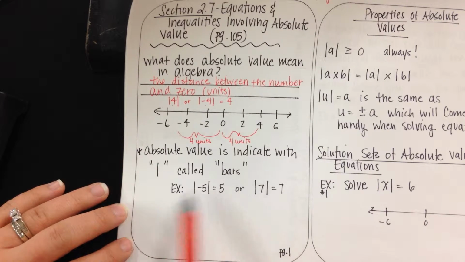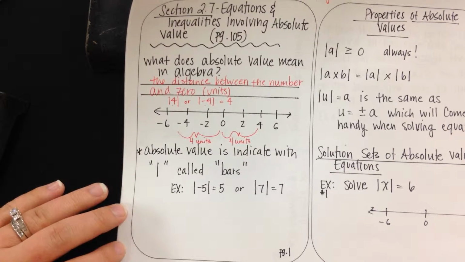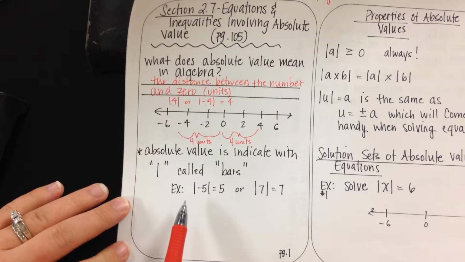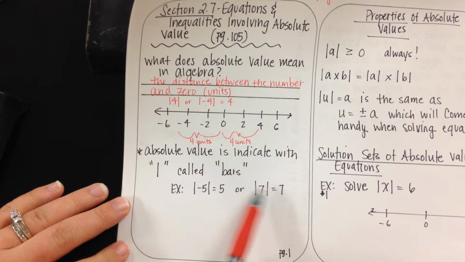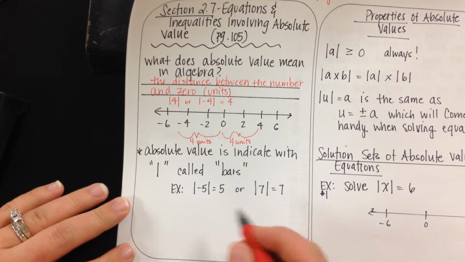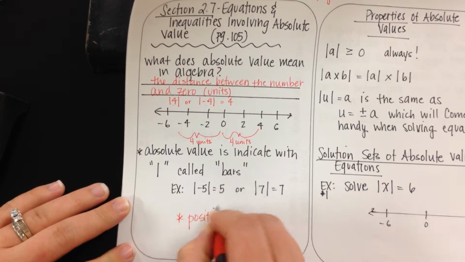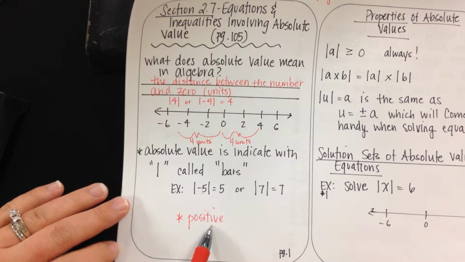Okay? Now, what's unique about absolute value? One thing that we can keep consistent is our solution, our answer. If you're working with just a number, whether it be positive or negative, what will the answer always be? They're always positive. So that's something to keep in mind: the absolute value of any number is going to be positive.